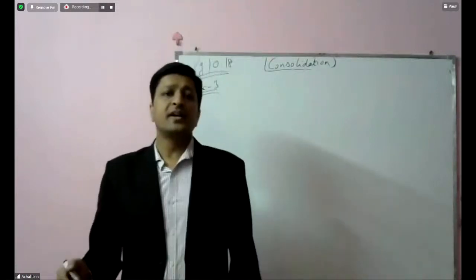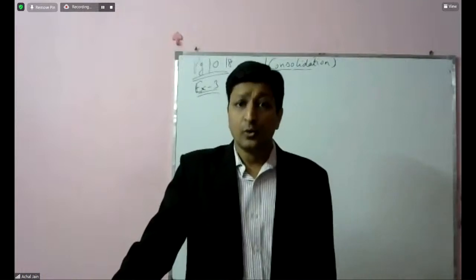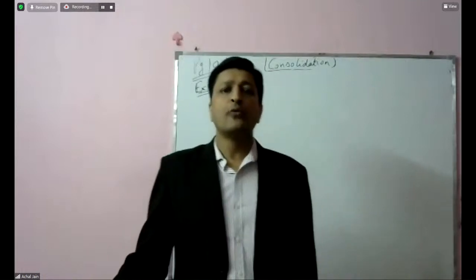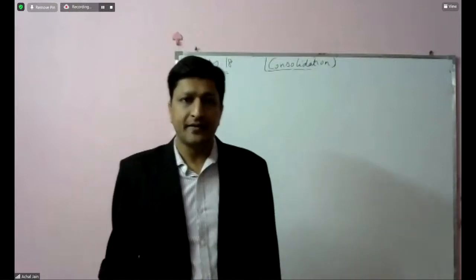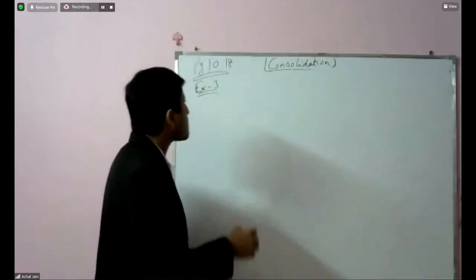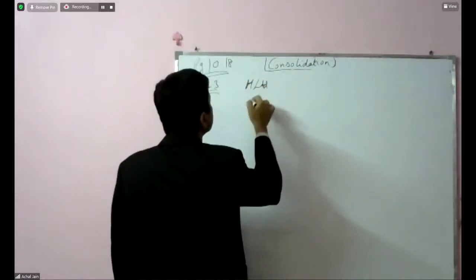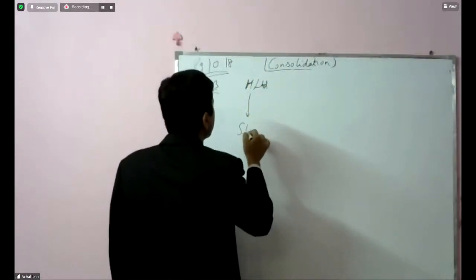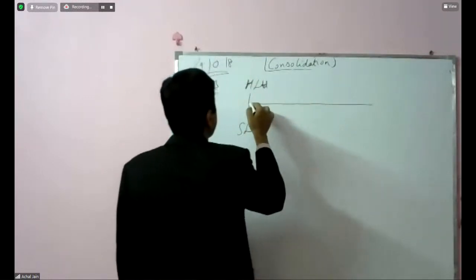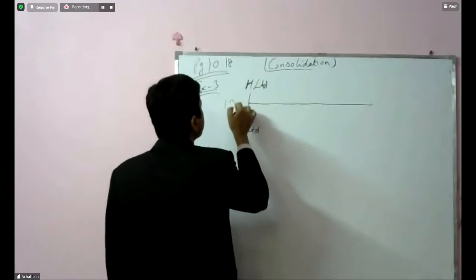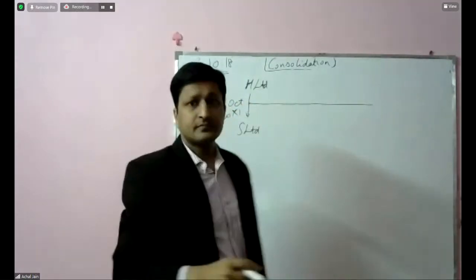H Limited acquired 16,000 equity shares of ₹10 each in S on 1st of October for ₹3,06,800. Shares of S Limited. This is 1st October 20X1.